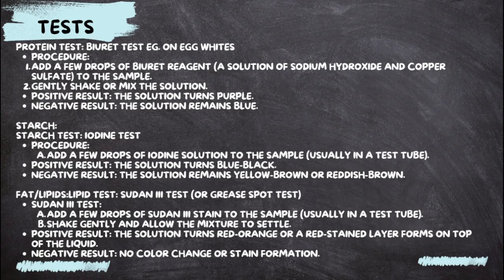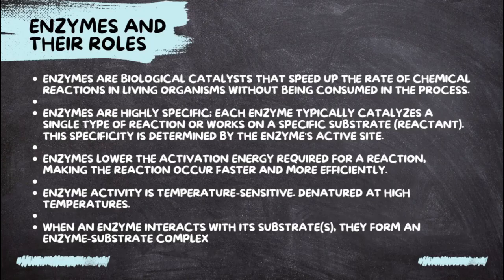If there is no fat in it, then we expect no color change, or we just expect it to stay the same color as the Sudan III, basically, right? So those are three of the main tests that you can do: test for protein, test for starch, and also test for fat, right?